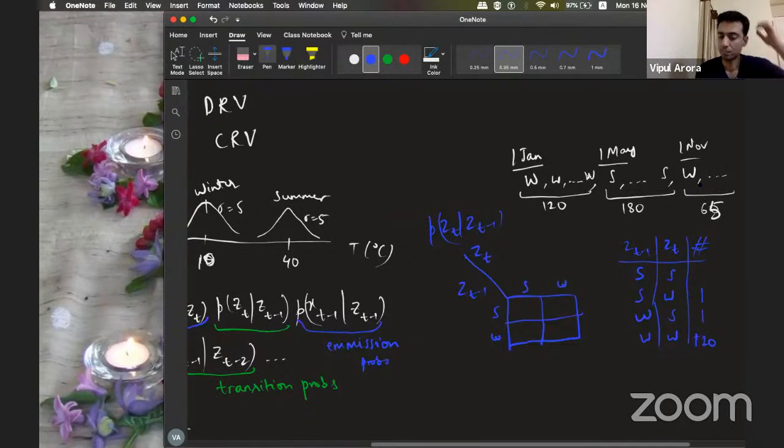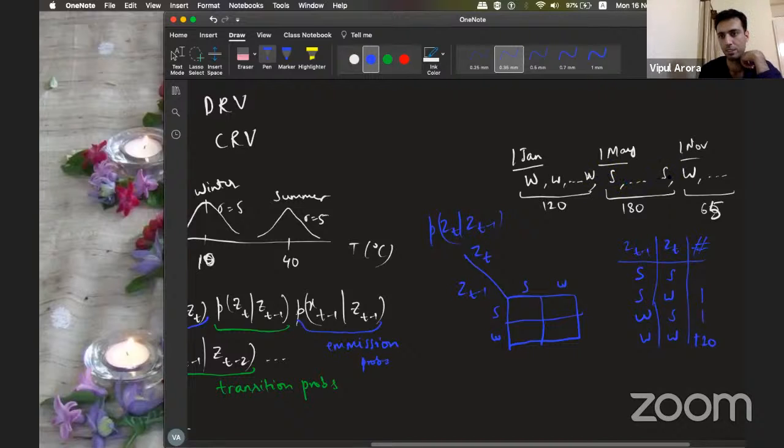Now, next is summer given summer. So from this data, how many are there? 180. Do it a little more carefully. It's 179, because this one is excluded, right?